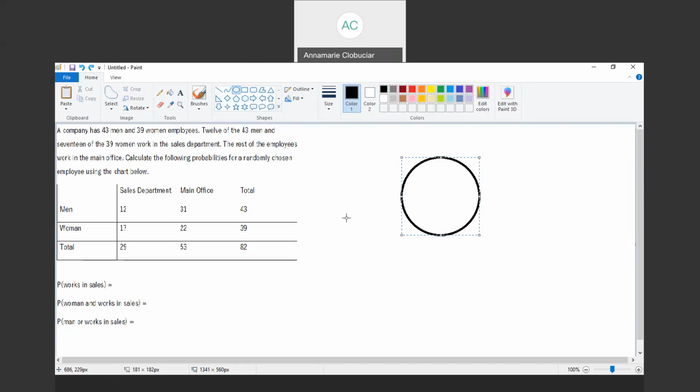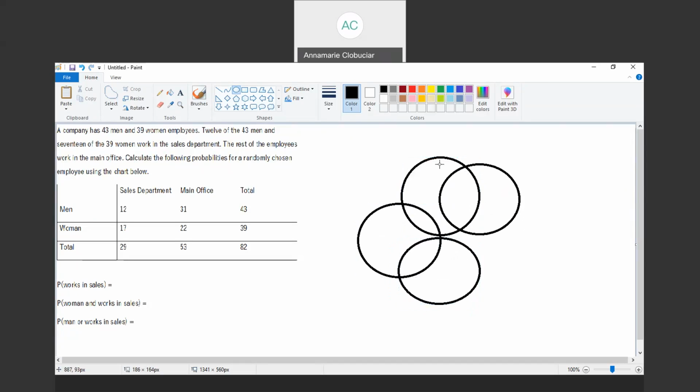We need 1 for men. One for the main office. And then we're going to need 1 for women.